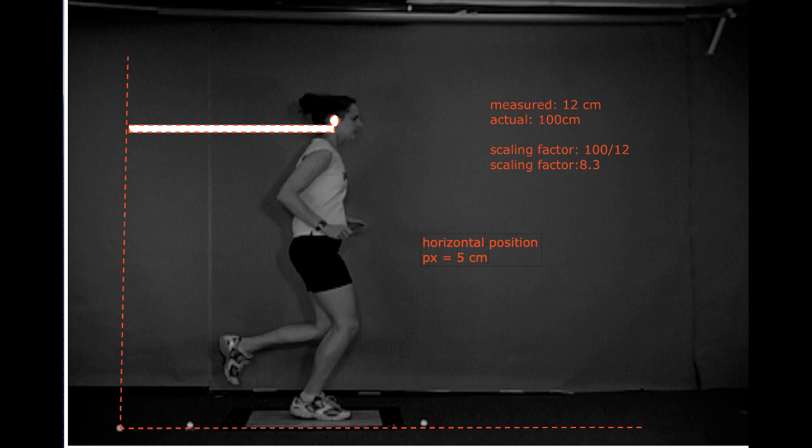Well, that's right on my image, but that's not the value in real life. I wasn't just 5 centimeters away from the marker. To figure out the actual distance, I have to take this 5 centimeters and multiply it by my scaling factor. My answer is going to be in centimeters because that's the unit in my equation. So I end up with 41.65 centimeters. That's how far away I was from the origin.